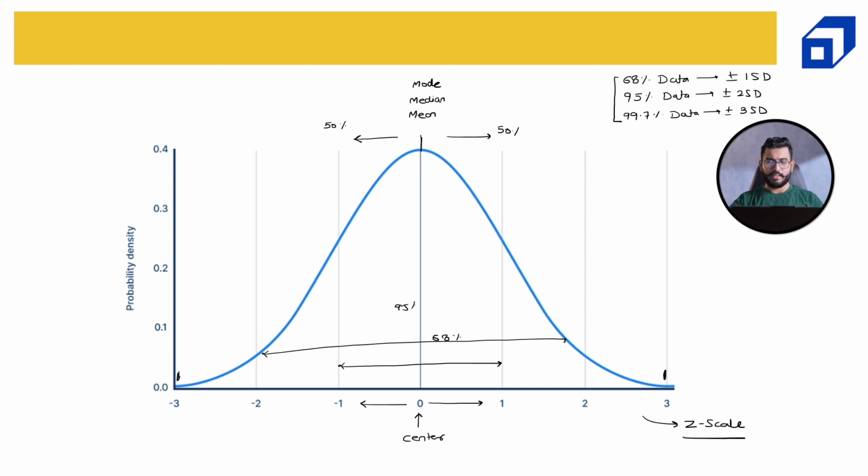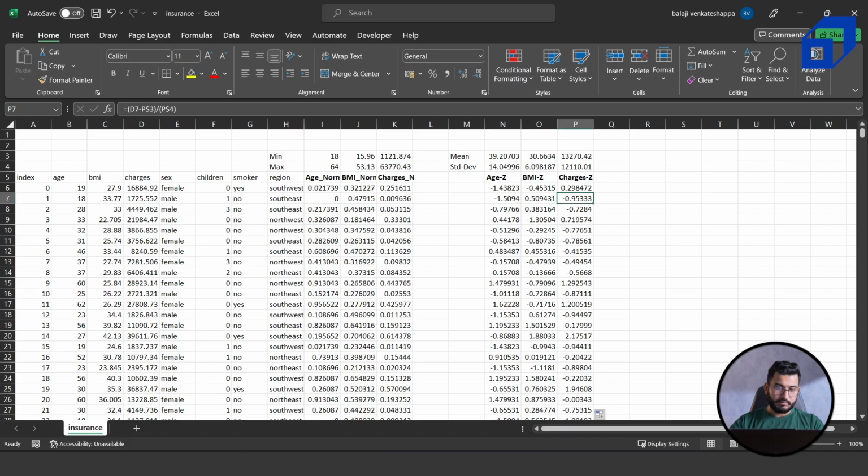Let me prove it. For that, first of all, we have to check which particular column among age, BMI and charges follow normal distribution. So I already know that BMI follows a normal distribution, which basically means when I plot it, it would resemble a normal curve, a bell-shaped curve, which is symmetrical. You will get half data from below the center and half data above the center.